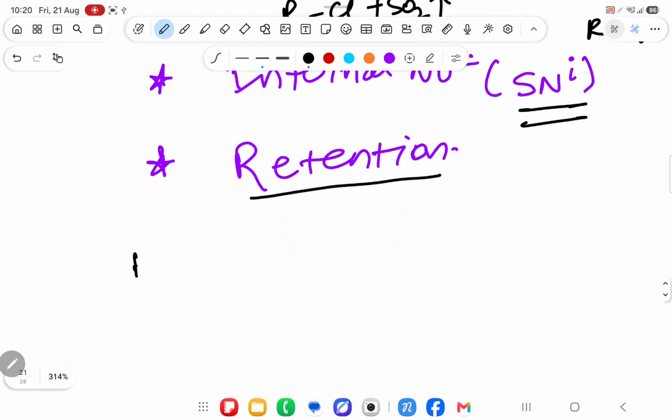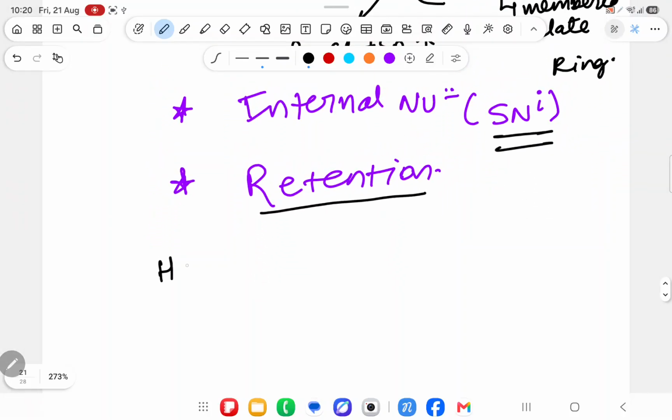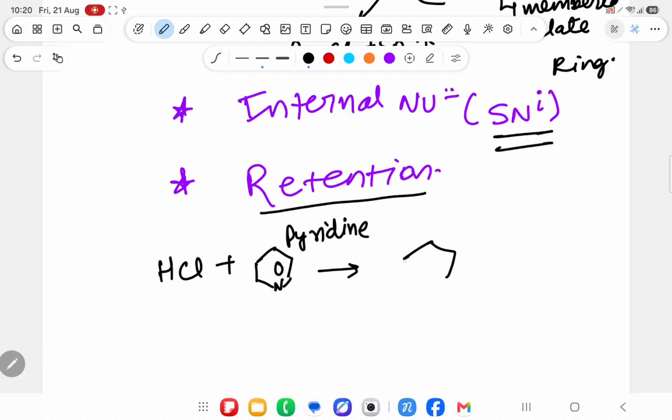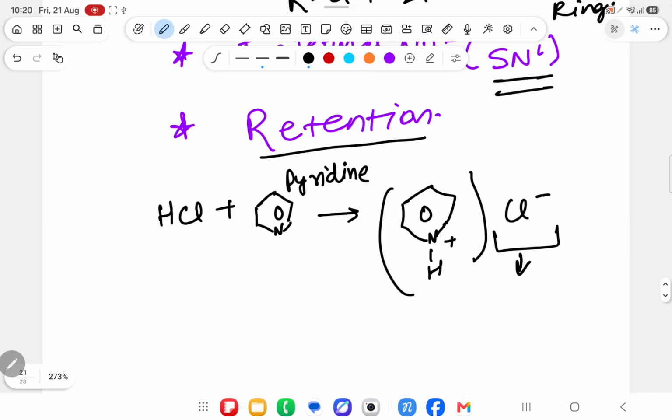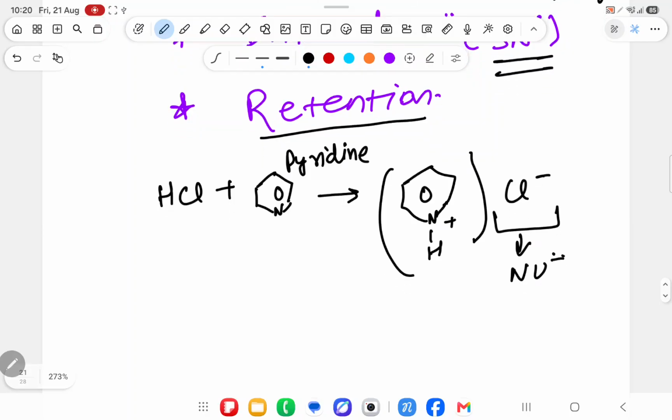But if you take HCl plus pyridine here, this is the structure of pyridine. So what will happen? It will form a compound something like this. Over here nitrogen, and this will take hydrogen, plus will come here, and outside Cl minus, and this Cl minus will act as a nucleophile.